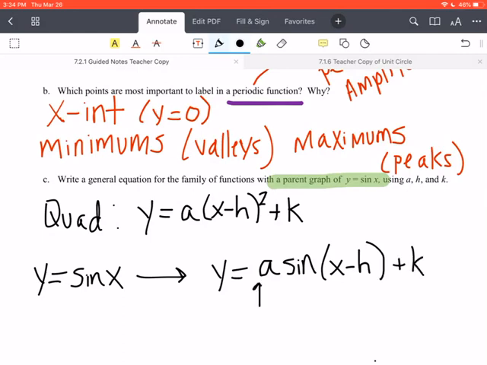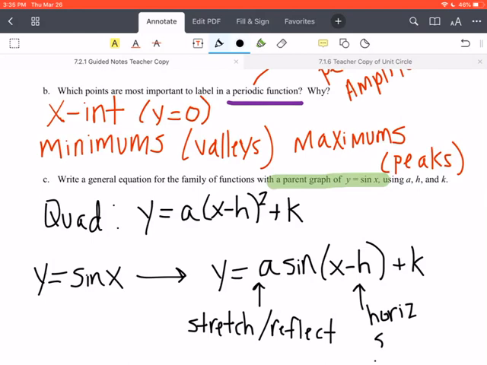Now recall this a is considered to control the stretch or reflection over the x-axis. The h controls the horizontal shift, and then the k controls the vertical shift.